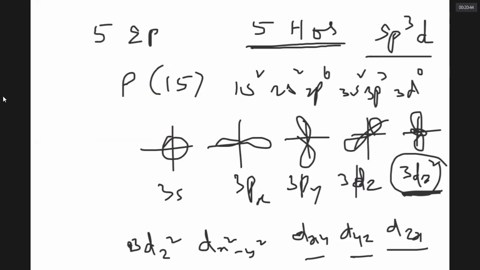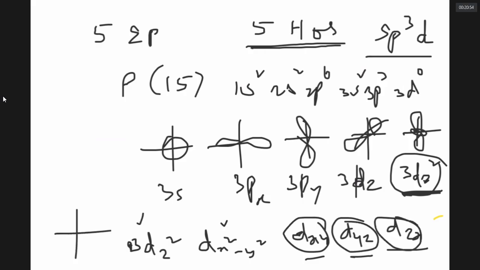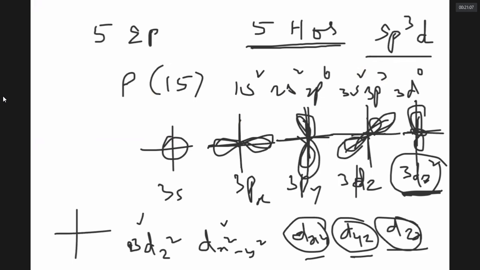The dz square and dx square minus y square, only these two lie on the axis. The dxy, dyz, dzx lie in between the axes. For intermixing, p orbitals are lying on the axis, so it is more appropriate for a d orbital which is also lying on the axis to be involved in hybridization. Hence I have chosen dz square.